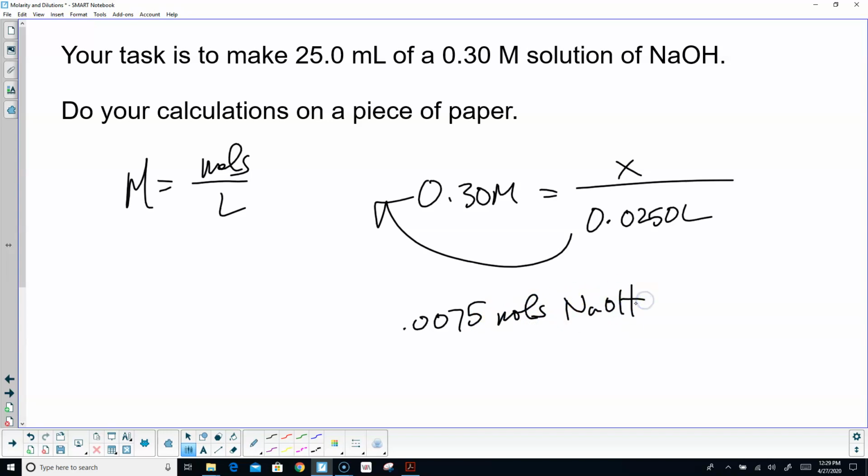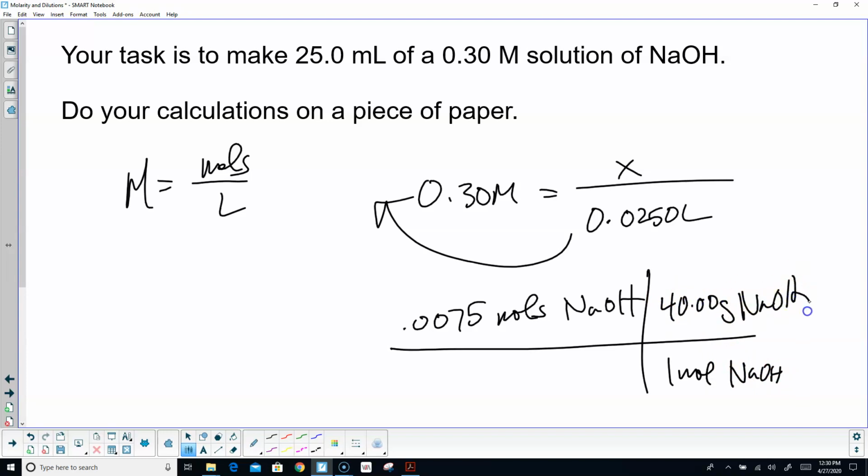Now, here's the thing. Telling you that you have 0.0075 moles of sodium hydroxide doesn't do you a whole lot of good, because you measure it with a balance. You can't measure moles with a scoop, but we can do this with a balance. So we need to find out its molar mass. Every mole of sodium hydroxide weighs 40 grams.